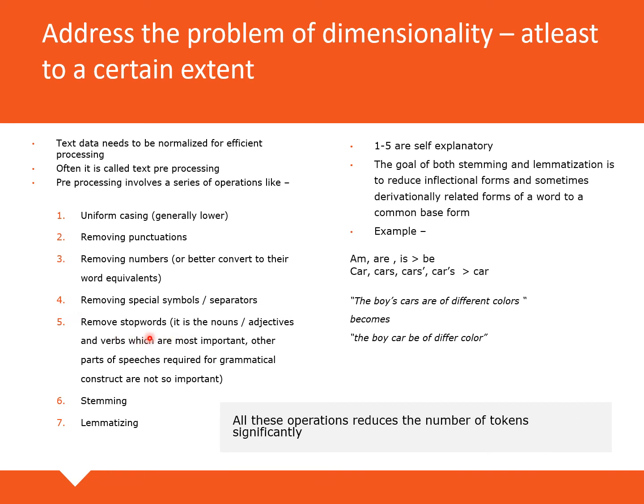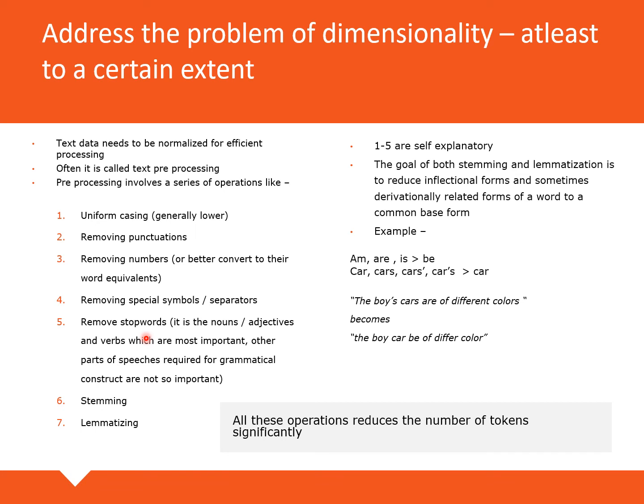Now, if you see, when we construct a meaningful and grammatically correct sentence in English, there are lots of parts of speech involved, right? There are nouns, verbs, adjectives, then we have prepositions, articles, so on and so forth. But if you think of it from a context or meaning of the sentence perspective, if you strip off all the parts of speech and just keep the nouns, adjectives, and verbs, even then, you will be able to derive the context or the meaning of the sentence.